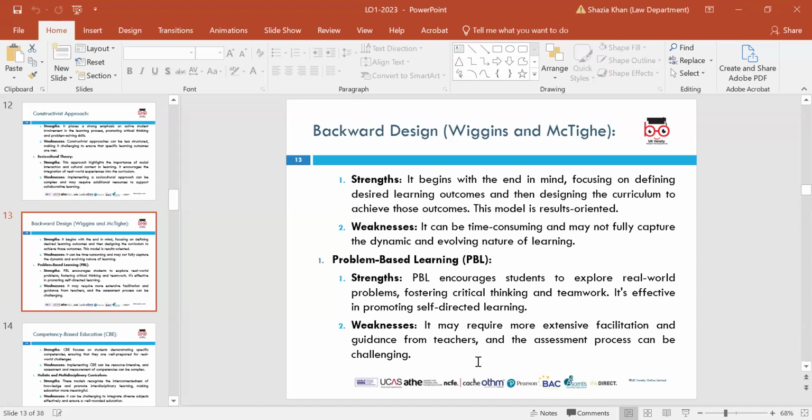Its weaknesses are that it may require more extensive facilitation and guidance from teachers, and the assessment process can be challenging. It's a teaching method in which students learn about a subject through the experience of solving an open-ended problem found in the trigger material. It's a student-centered approach where students learn by working in groups on open-ended problems. This problem is what drives the motivation and the learning.